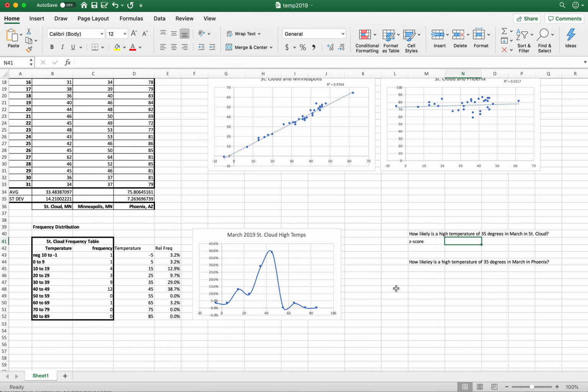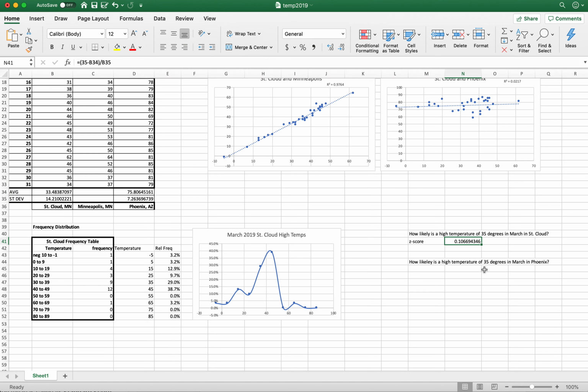You can read the formula in your book, but we're going to take the data point minus the mean and then divide it by the standard deviation. So our data point would be 35 degrees. Subtract the mean, the average, and then divide by the standard deviation.